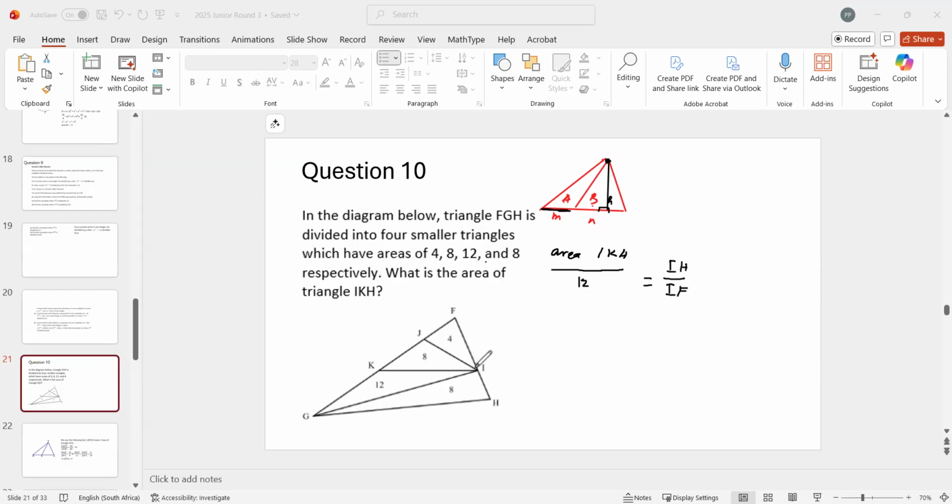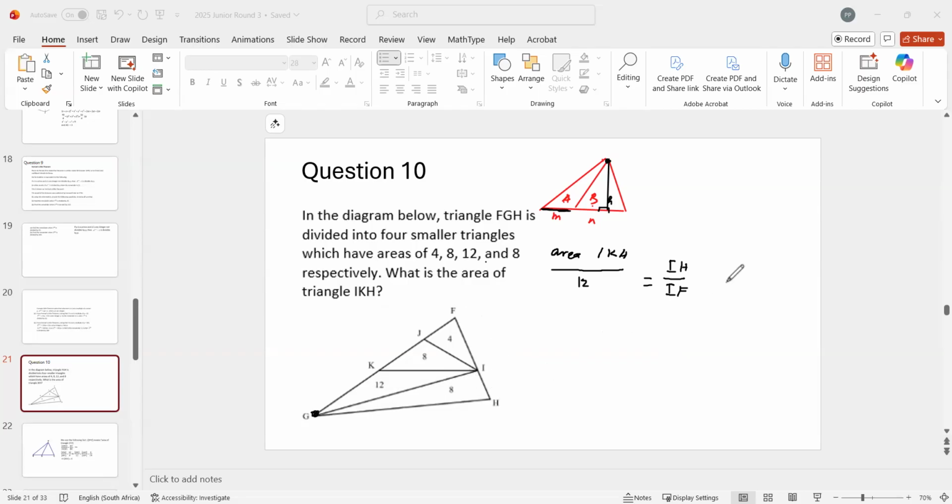But now IH over IF is actually equal to, if you look at IH over IF, and you look at the large triangle, you can see that GI divides this into the ratio IH over IF.